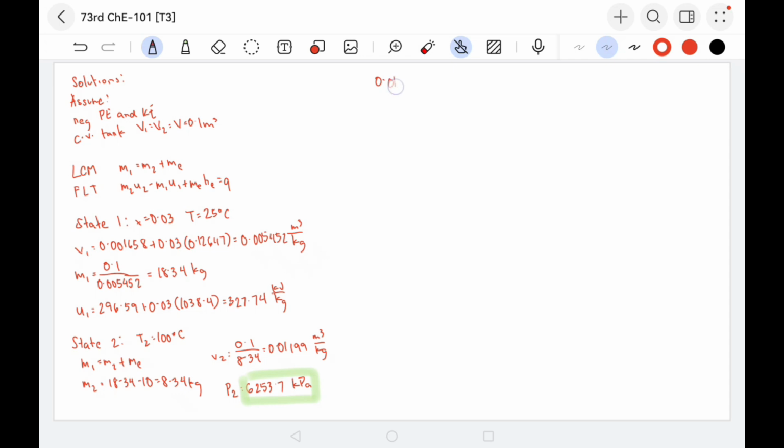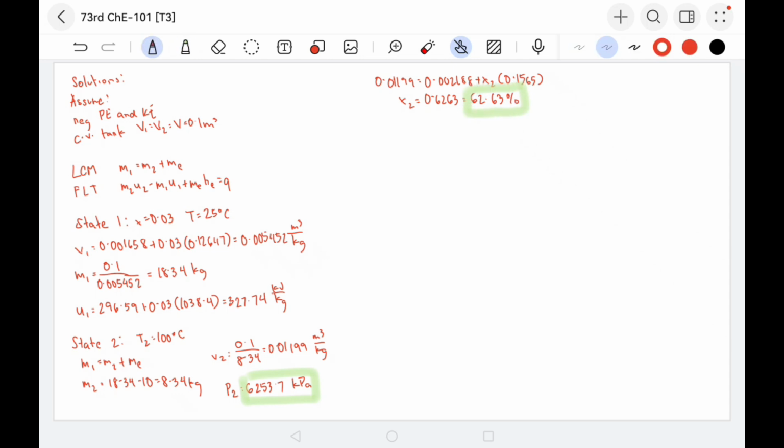So 0.01199 is equal to 0.002188 plus x2 times 0.1565 to get a quality, or x2, of 0.6263 or 62.63%, which is now our second required.